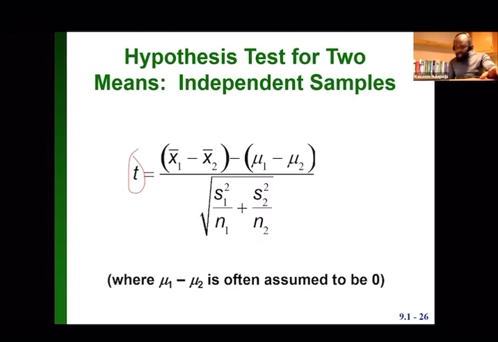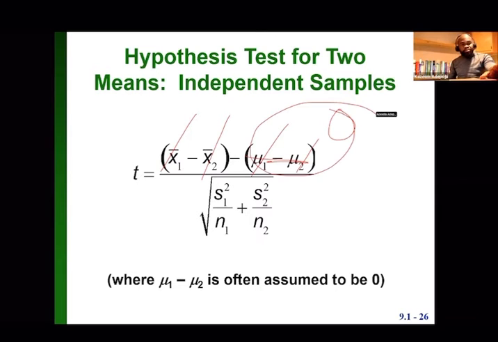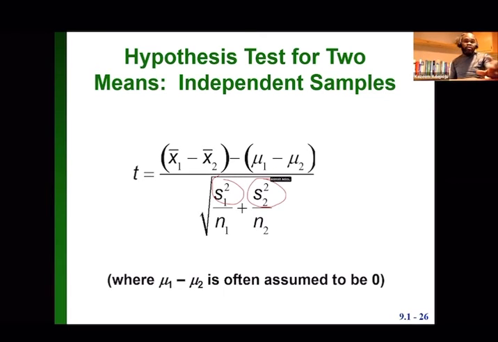That is going to be t, which is the sample mean from the first population minus the sample mean from the second population, minus the difference of the population means, which equals 0, because that is what we hypothesize. You get what I mean? And of course, these terms are the sample variances, taken from the first and second populations.